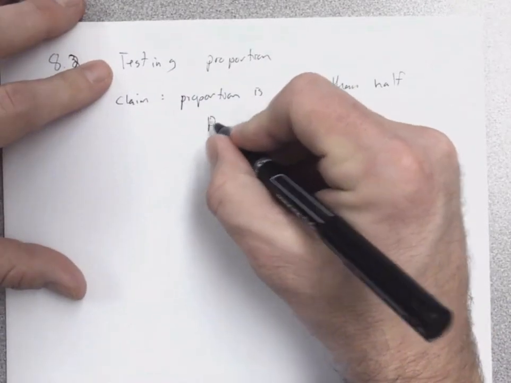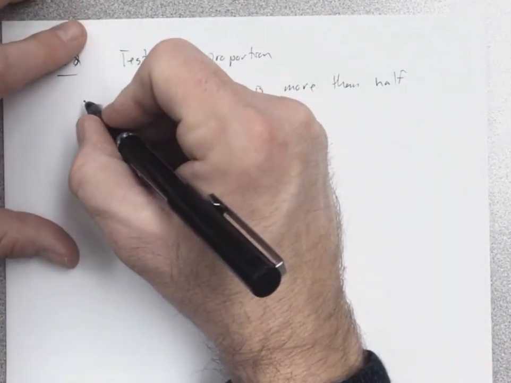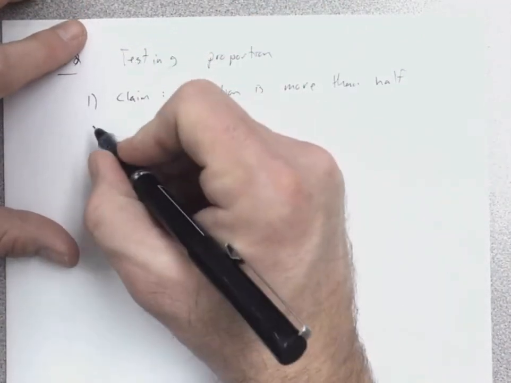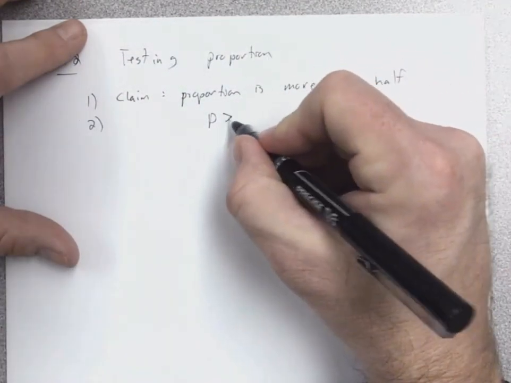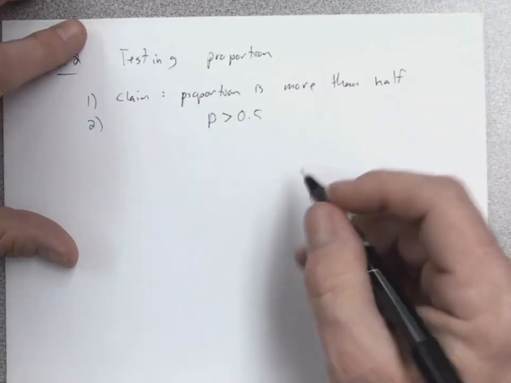So what they say is that P is, so this is basically step 1. Step 2 is, yeah, write it in symbolic form. So this would be P is greater than 0.5, right?